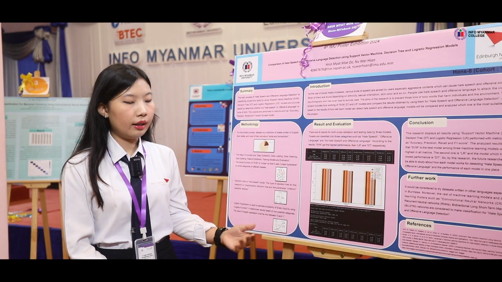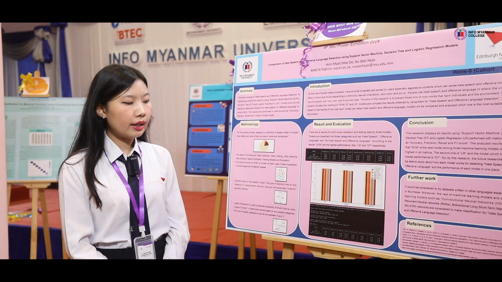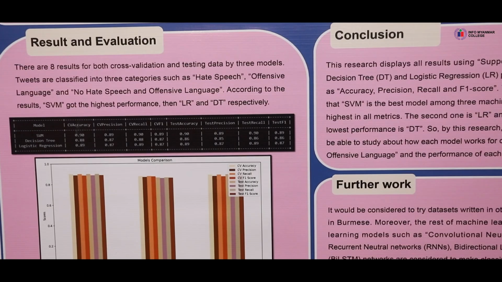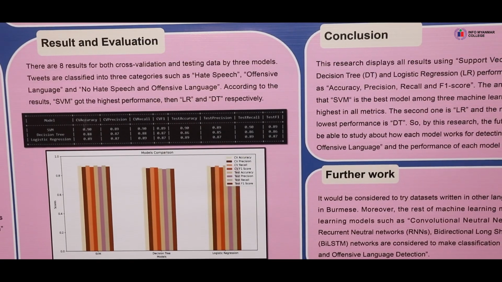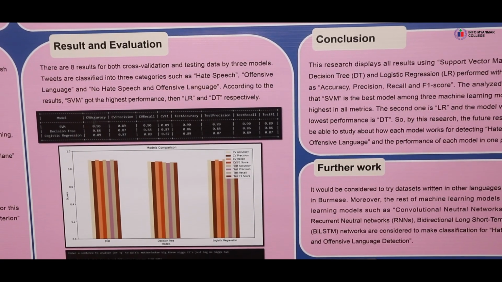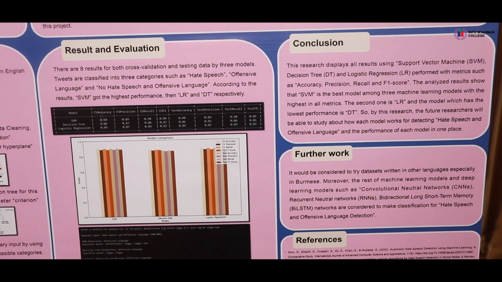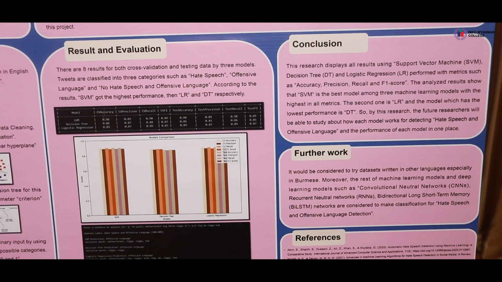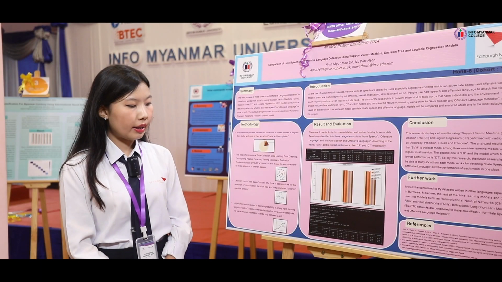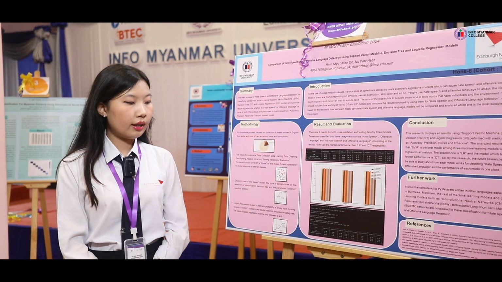So compared with the support vector machine, it is good, but not better than support vector machine. So based on the results, we can see that support vector machine has the best performance, then the second is logistic regression, and the third is the decision tree model.